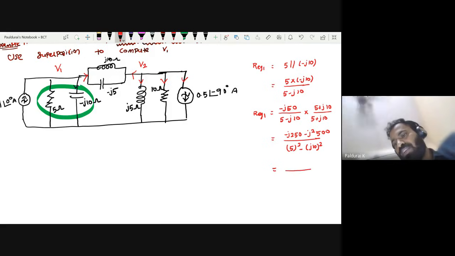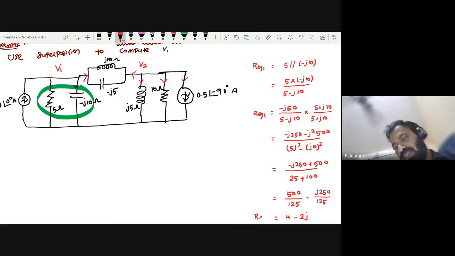What is 5 squared? 25, minus J squared becomes plus 100, so 125. And numerator is minus J250 plus 500. So what about this value? 500 divided by 125, minus J250 divided by 125. So this is 4 minus 2J.